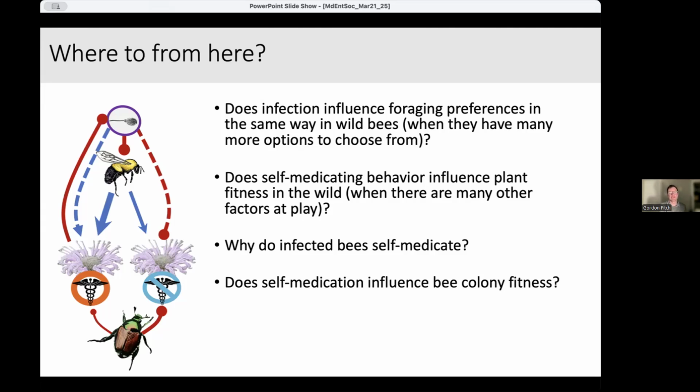And in the process, it's helping to rid them of parasites, to the degree that in landscapes with high concentrations of sunflower, you see these uninfected colonies then producing more queens than colonies in landscapes with less sunflower.